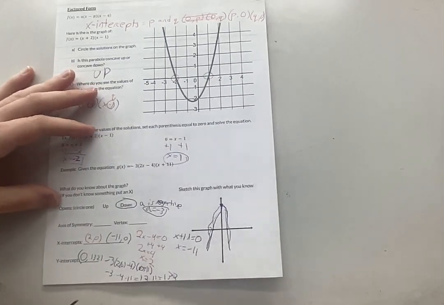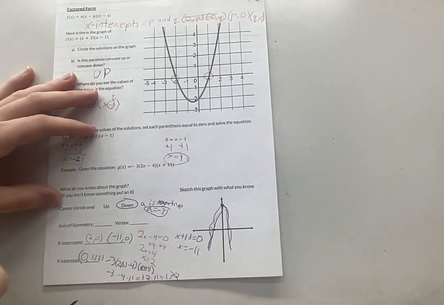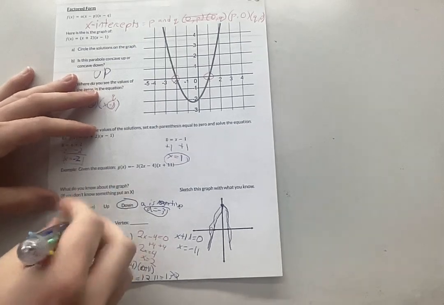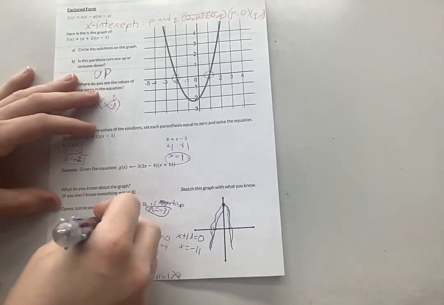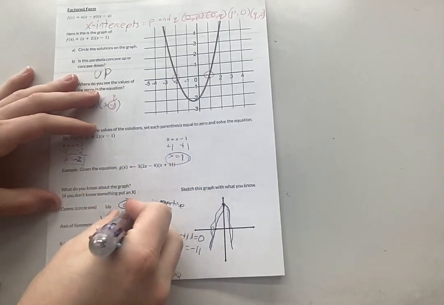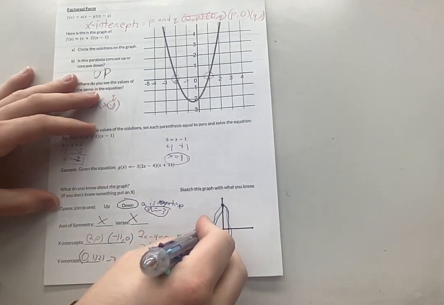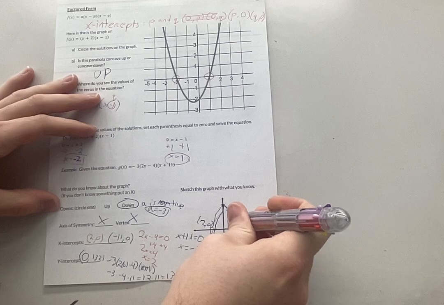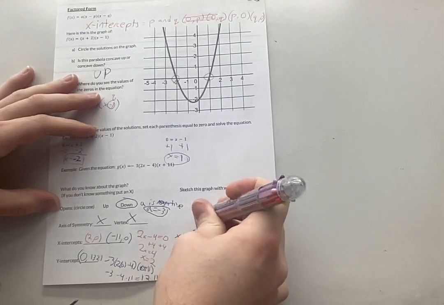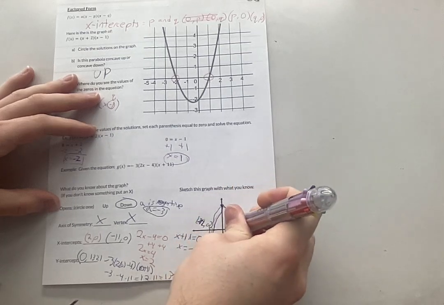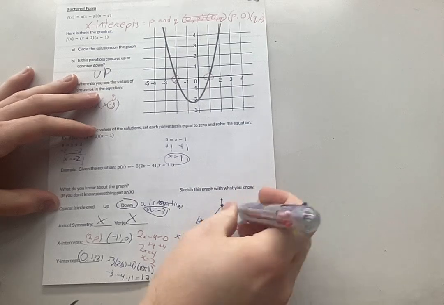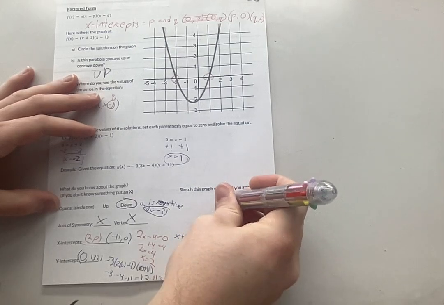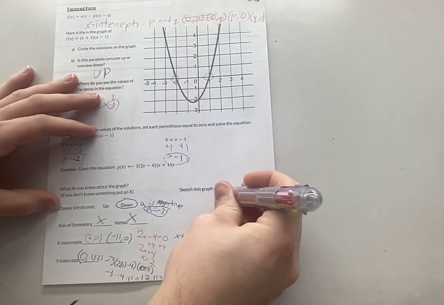And we don't necessarily know exactly what the axis of symmetry or the vertex is immediately from this equation. But at least we know three points: the x-intercepts (negative 11, 0) and (2, 0), and the y-intercept (0, 132).